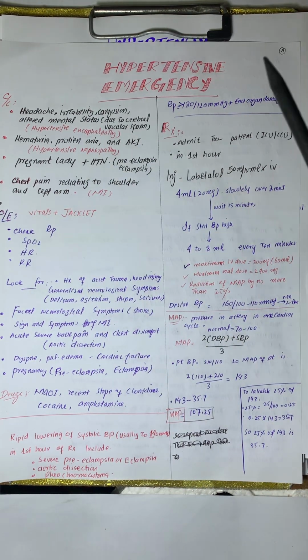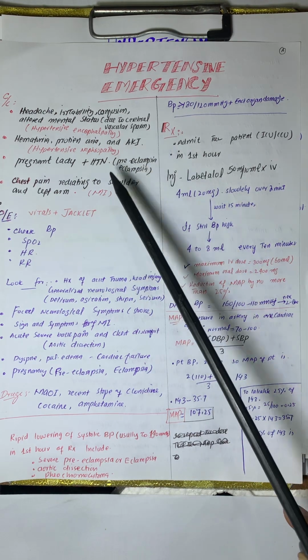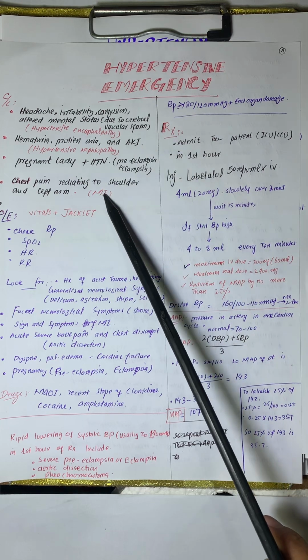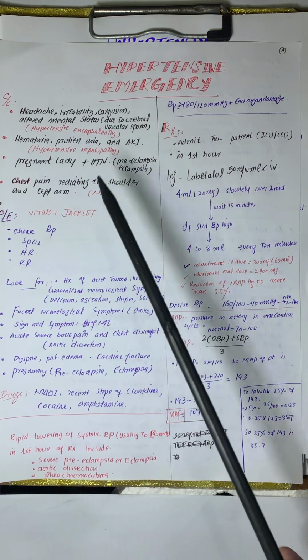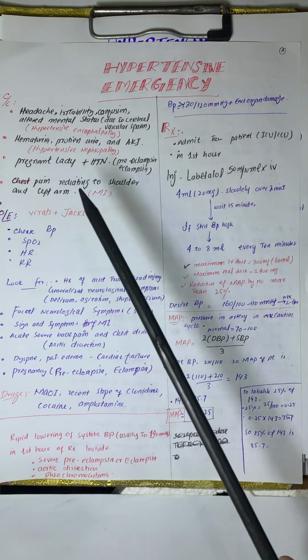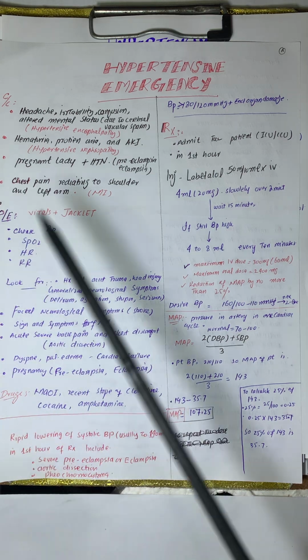If the patient has high blood pressure and develops chest pain radiating to the left shoulder and arm, you investigate, you do ECG, you do cardiac markers, deranged cardiac markers and changes in ECG, the patient develops MI.